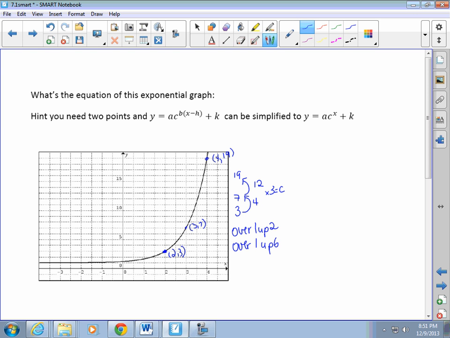So our original graph would be over 1, I can't draw it on there right now because it won't make sense, up 2, and then if it was a base 3 graph, it would be over 1 up 2.